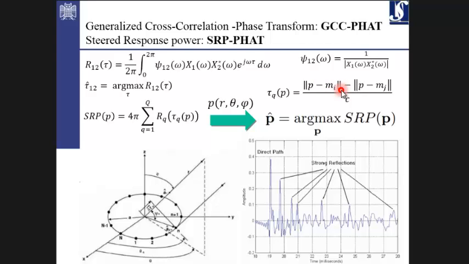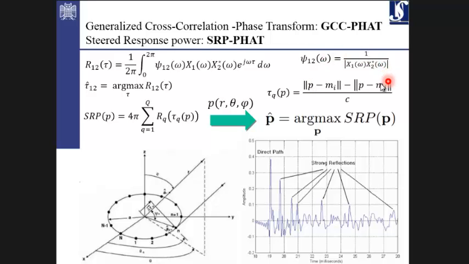That is the distance between the source P and microphone MI. Next, the same for the distance between microphone MJ and the source P. The difference between these two norms represents the distance difference the sound propagates between these two microphones.